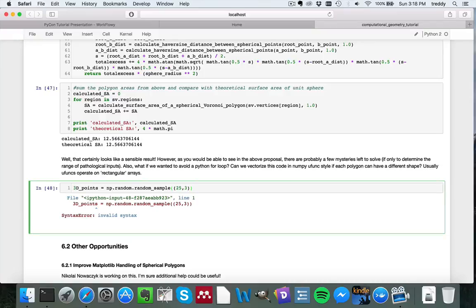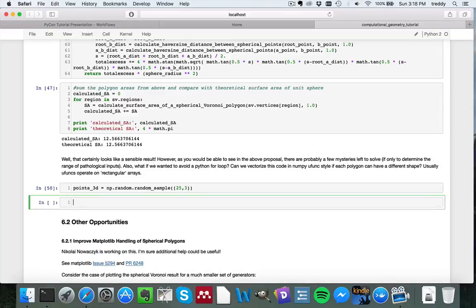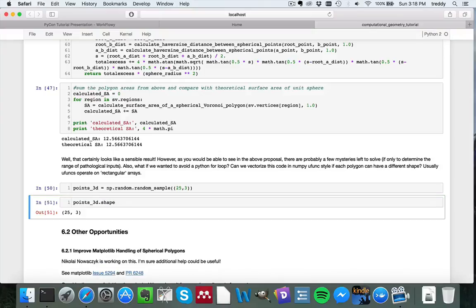Oh yes, I should not be using a number to start off my variable name. So we'll call it points 3D. And we'll check the shape of points 3D. So points 3D dot shape. That looks sensible, right? We basically have 25 three-dimensional coordinates.